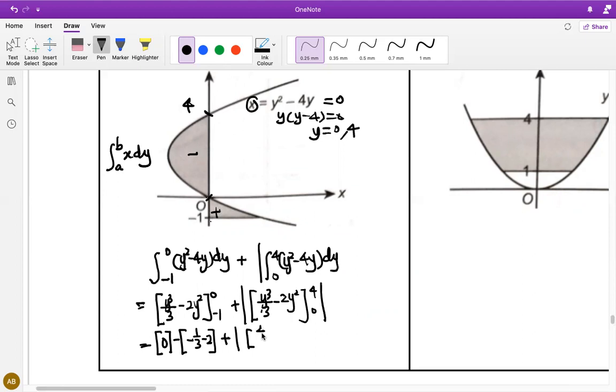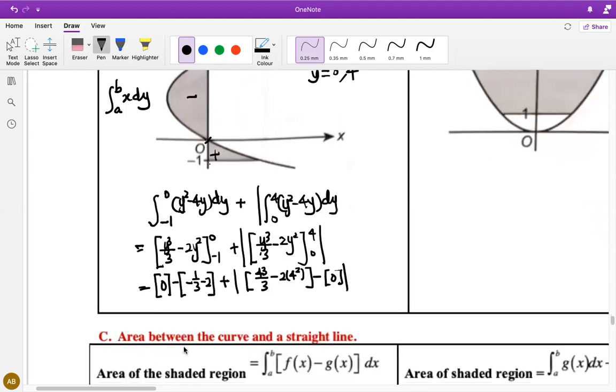So 4 is 4 cubed over 3 minus 2 times 4 squared. Okay, minus 0. Okay, so if you use your calculator, again, you will get 13. All right, 13.